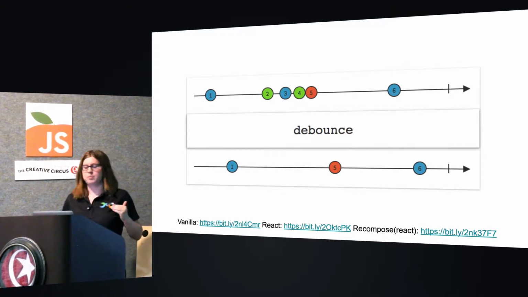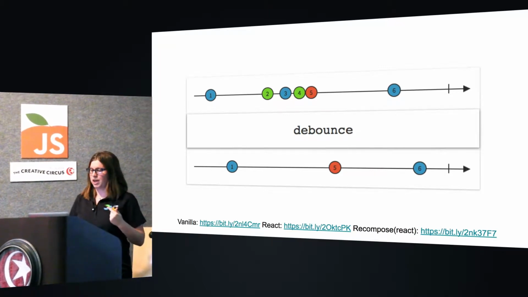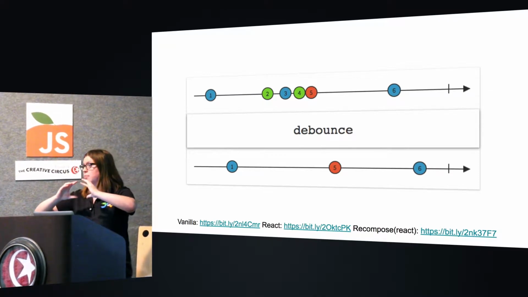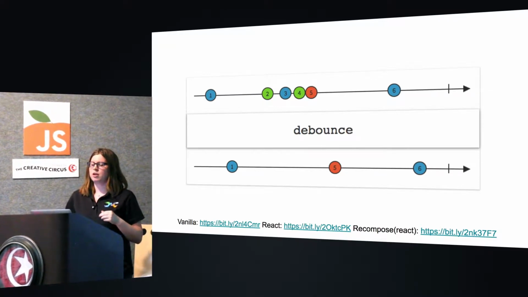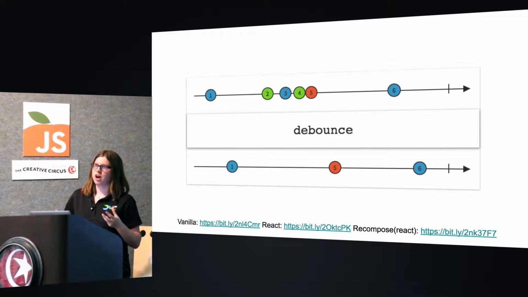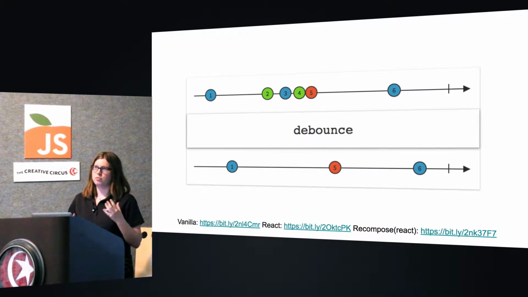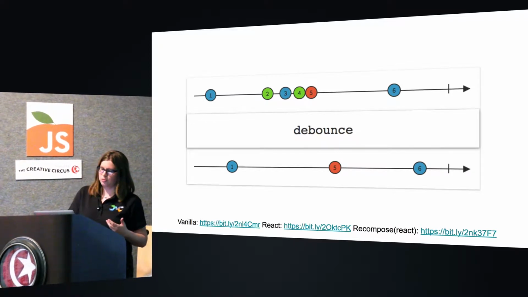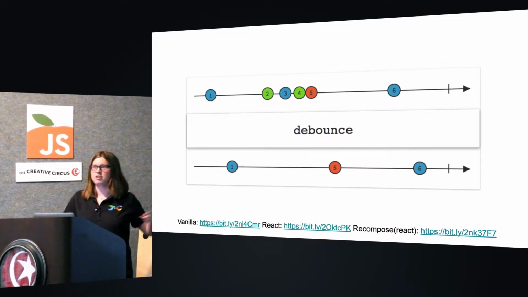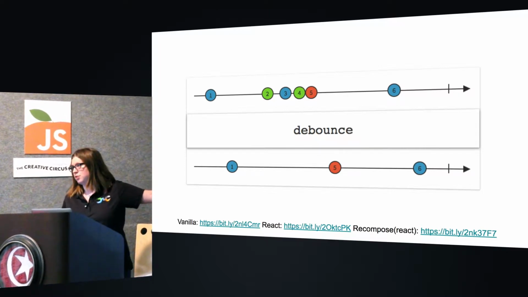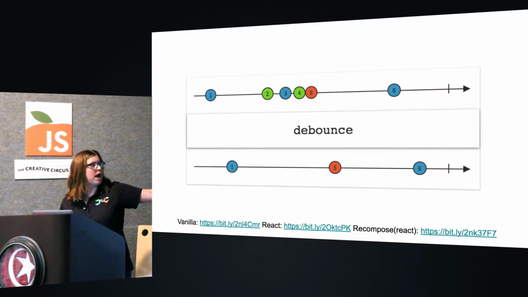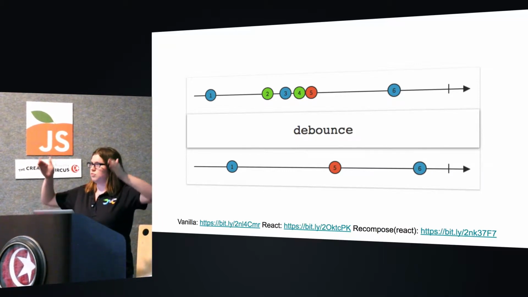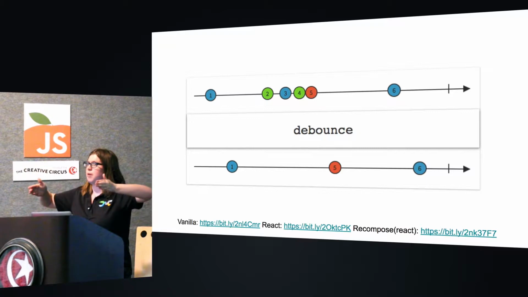If we look at debounce, it takes as its only parameter an amount of time in milliseconds. Let's say we configure it for 250 milliseconds. When it gets the first response, it doesn't emit it until 250 milliseconds have passed. And then it asks, what was the most recent request within that designated amount of time?